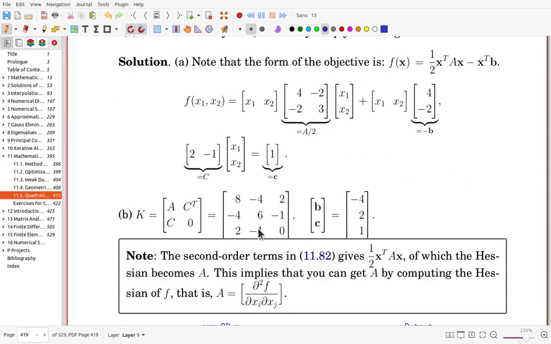Now, this portion is A, and there's a large C transpose, and this is a C, and this is a 0, right? And the right side, B and c, this portion is B, and that is c. Okay, so we got the algebraic system.